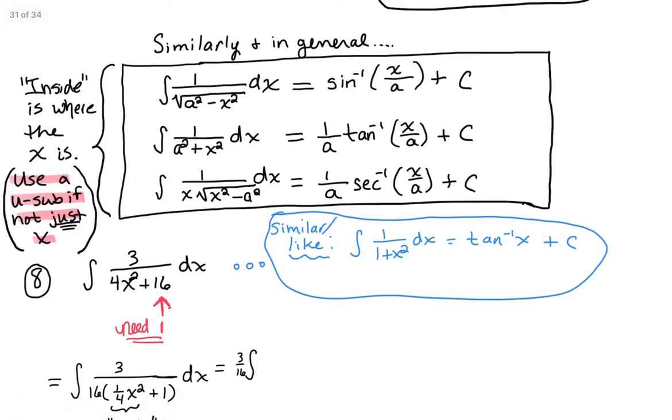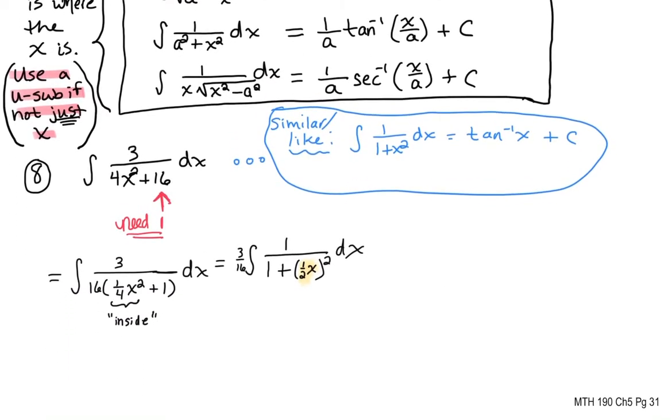Now I have the integral of 1 over, and I'll reverse the order of addition so it looks more like what we see up above. I'm thinking about what function being squared is in the location of that x squared, and this is my inside. So right here, I am seeing the inside start to emerge.